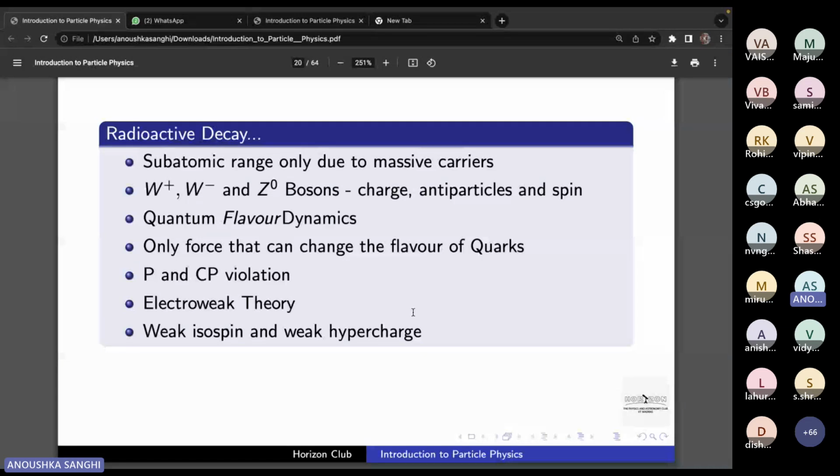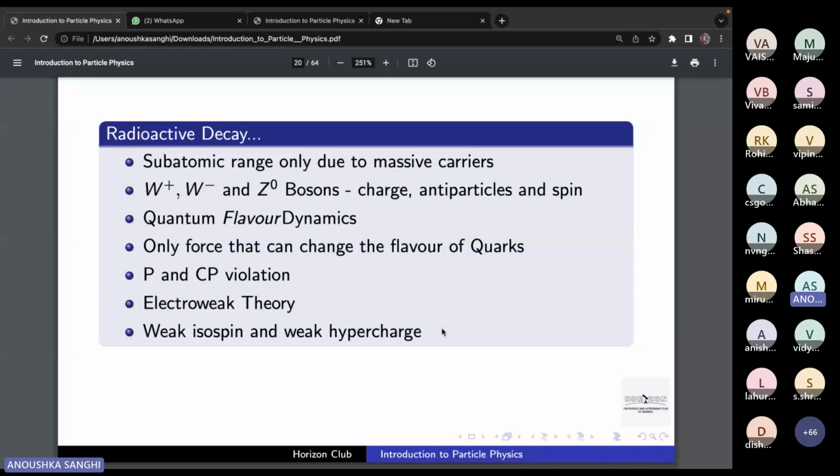Electroweak theory talks about the unification of weak forces and electromagnetic forces, and under it we talk about weak isospin and weak hypercharge.